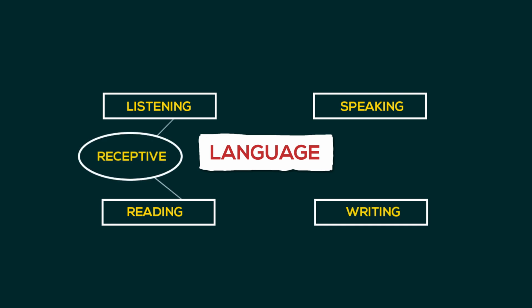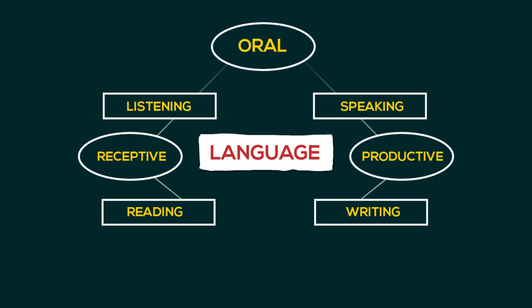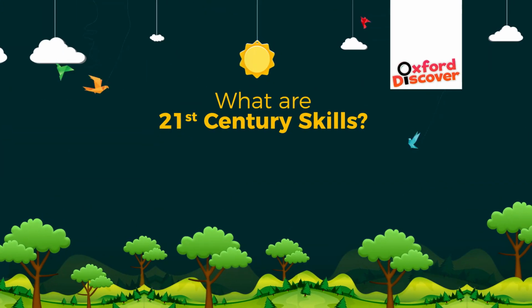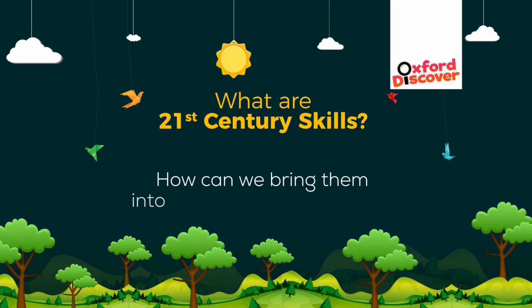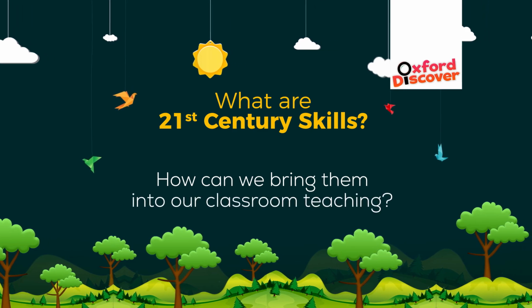Listening and reading are receptive skills, whilst speaking and writing are productive skills. There is help in Oxford Discover for a complete structure to develop oral and written skills in your students. What are 21st century skills? How can we bring them into our classroom teaching?